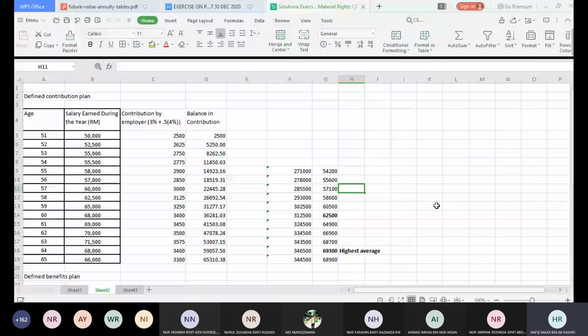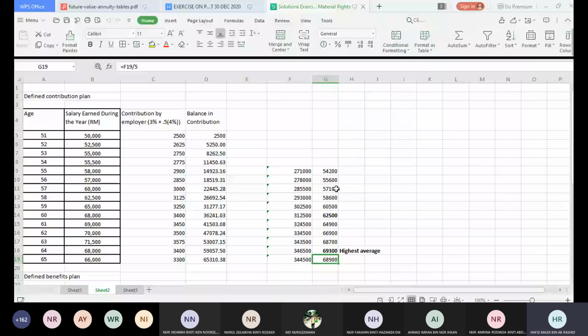So that is the first calculation, how to get the average. If you are expecting that the employees will retire at the normal retirement age of 65, you have many average salaries here.